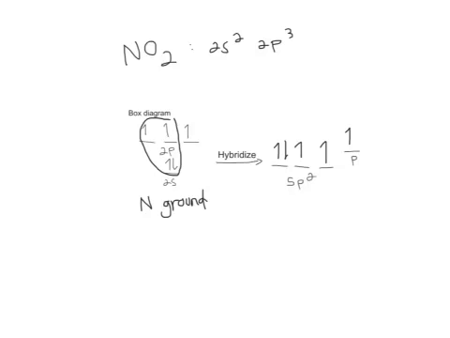I'll draw in a different color. The oxygen electron configuration ends at 2p4. So we're going to do that.